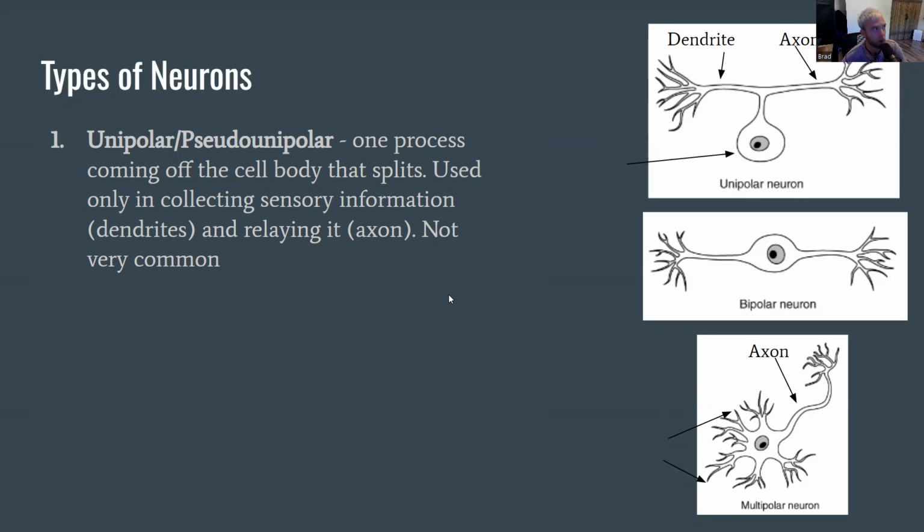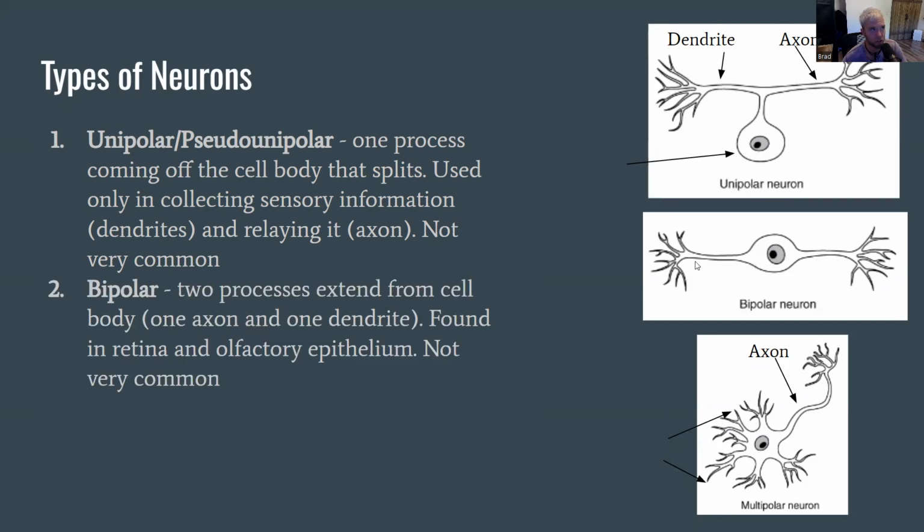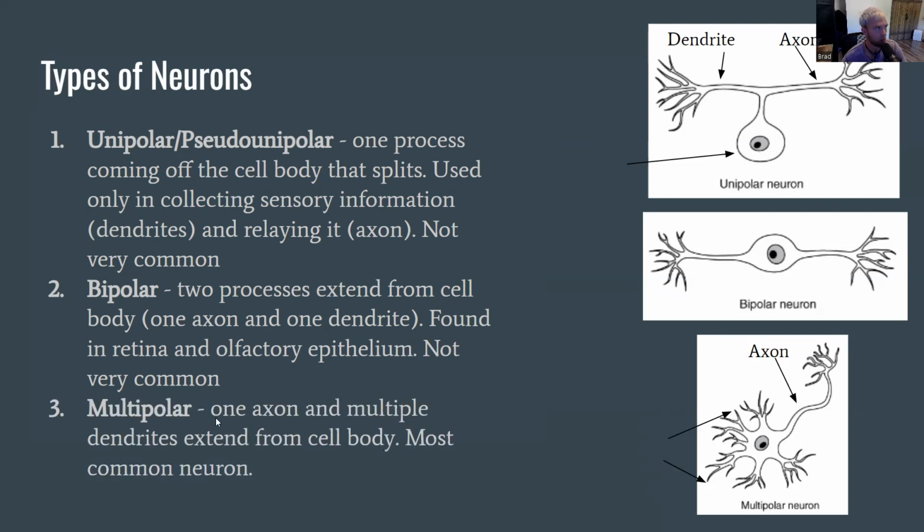With the bipolar neuron, you've got two processes, so you still have a dendrite and an axon. These aren't very common. Like it says, they're found in the eyeball and the olfactory system. But this one does put the cell body between the two, so the dendrite comes in, you get some processing, and then an output. Whereas with the multipolar, all the dendrites come into the cell body for complex processing, and then a decision is made whether or not that signal gets sent down the axon to its target neurons.